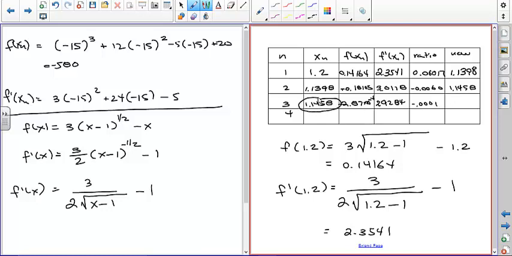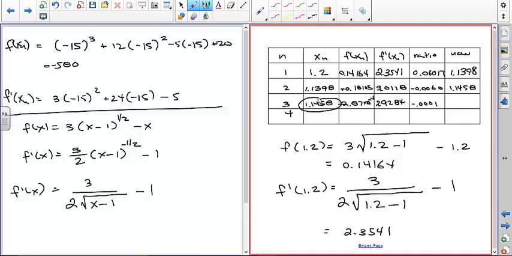So actually, I only took 2 iterations, because if you look at the third iteration, my change was only going to be 0.0001, which is to the 10... Is that 10 thousandths or 100 thousandths? Let's see, 10th, 100 thousandths, 10 thousandths. So it's within 0.0001.